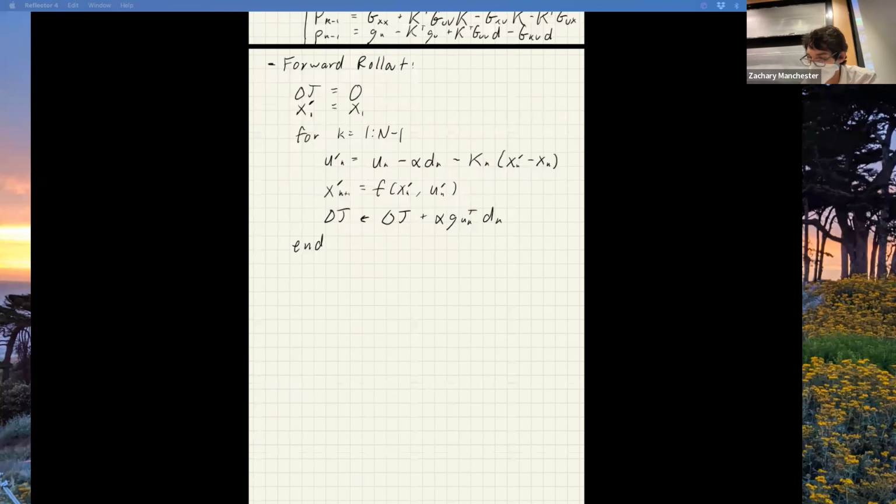And we do this sort of line search thing around this, which is the standard Armijo thing that we've talked about before, just applied in this context. So we start with alpha equals 1, and we do the rollout with alpha equals 1, and we get this new X and U trajectory and this expected cost decrease from that rollout.